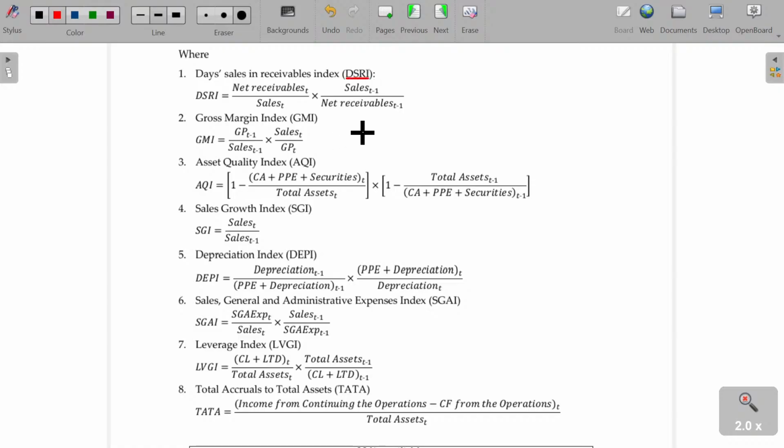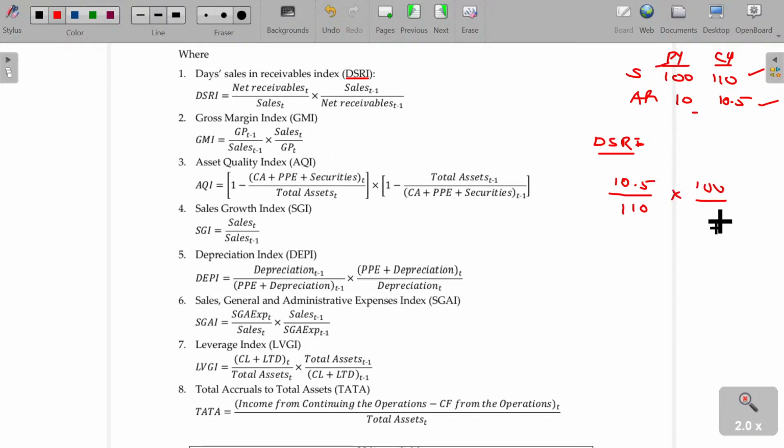Usually, sales are 100 rupees and average receivables are 10. This is the previous year detail. Current year detail: sales are 110, average receivables are 10.5. Then how will you calculate DSRI? With these details given, it is receivables of the current year divided by sales of the current year, multiplied by sales of the previous year divided by receivables of the previous year.